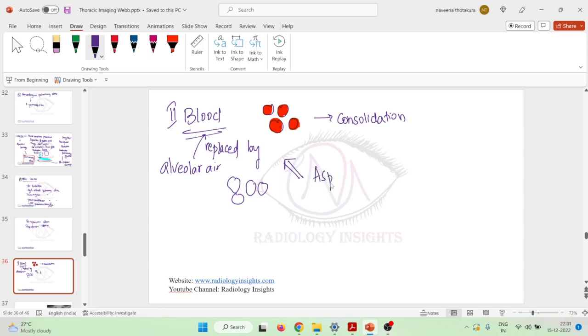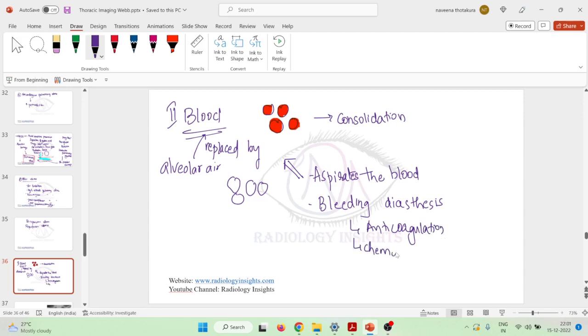Whenever the patient aspirates blood, through the bronchi the blood reaches the alveoli, and you can see the alveoli filled with blood. It can be due to bleeding diathesis, where the patient has some coagulation factor deficiency, or some issues with anticoagulation, or if the patient is on chemotherapy, or if the patient has low platelets, because platelets are very important for coagulation.